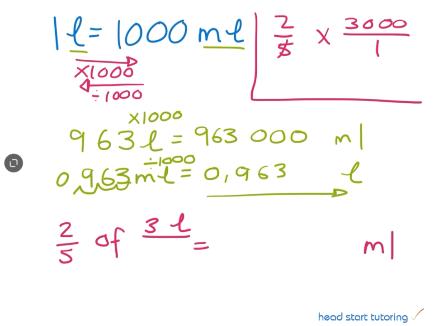So I can cross cancel, 5 goes into itself once, and 5 fits into 30 6 times, so it fits into 3,000 600 times. And then I have 2 times 600, which is equal to 1,200 or 1,200. So 2/5 of 3 liters is equal to 1,200 milliliters.